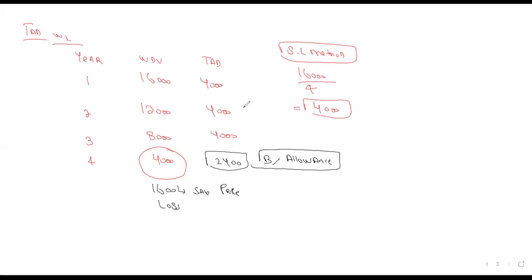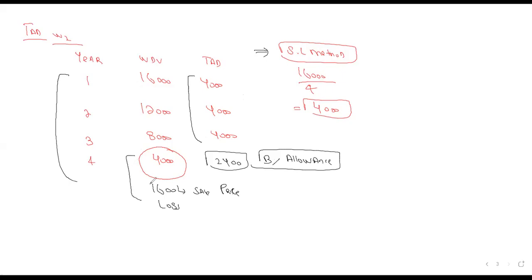Now see, it was a very strange calculation: the examiner was saying apply the straight line method, and then in the last year compute the balancing allowance or balancing charge. That's why first we computed the tax allowable deduction in every year, and then we compare this with the sale value.